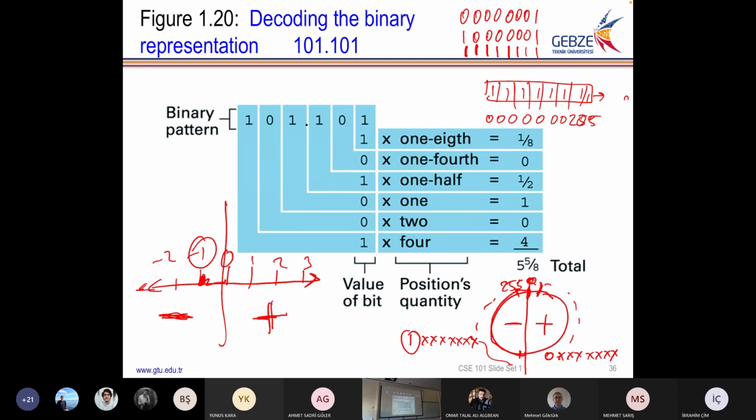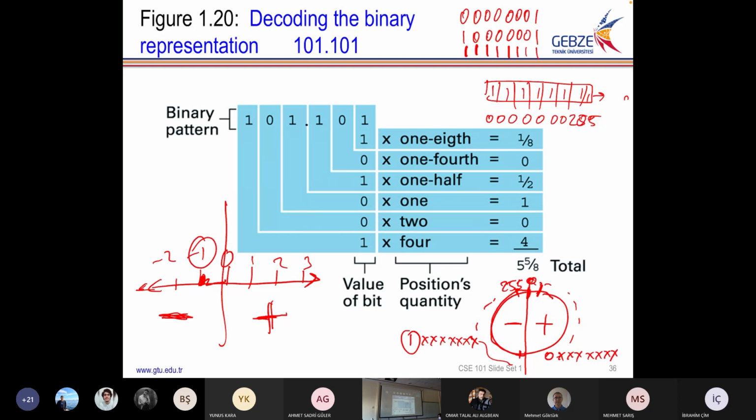Last one is add 1. Let's see. No, it's 1.